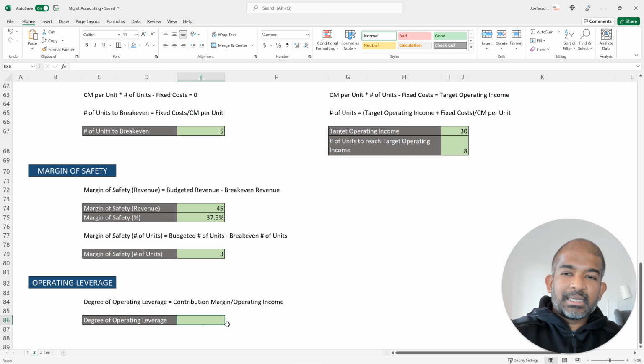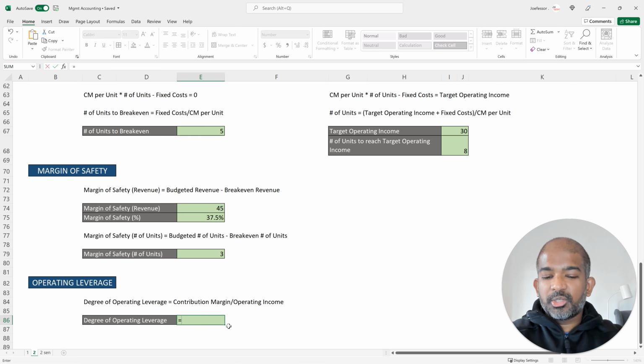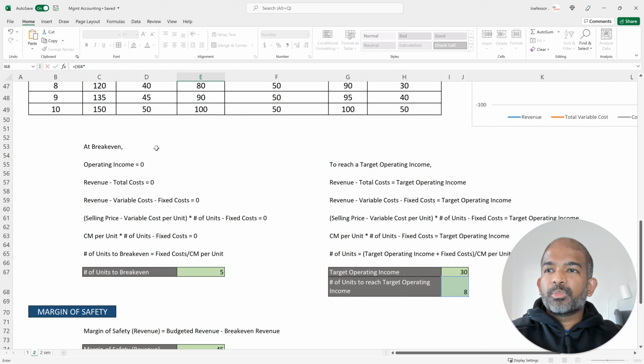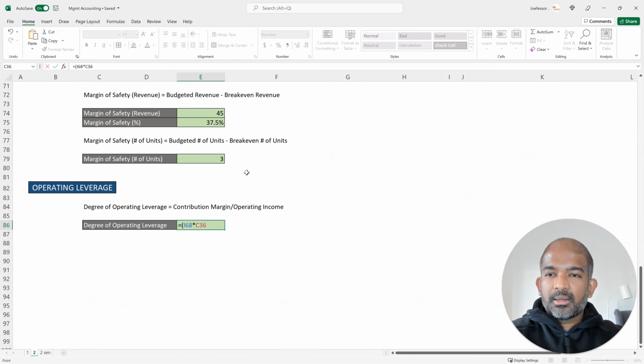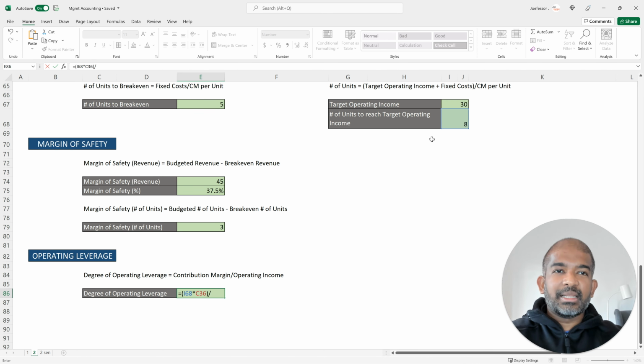The degree of operating leverage is given by total contribution margin, which is the number of units sold, which is 8 multiplied by the contribution margin per unit. And then we divide that by the total operating income, which is $30.